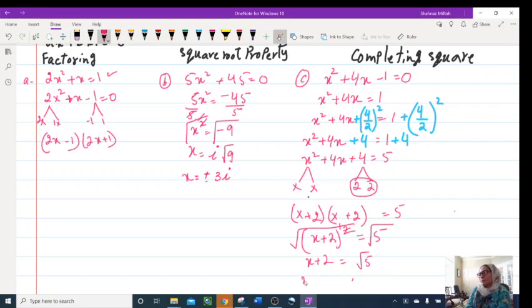So you subtract 2 from both sides, and I get negative 2 plus or minus square root 5, because of the square root. Okay, so those are my x values right there.